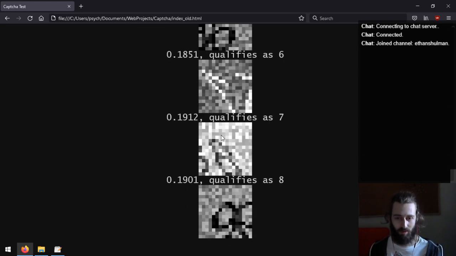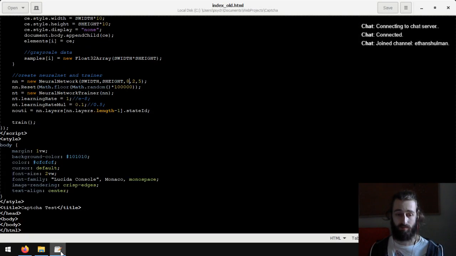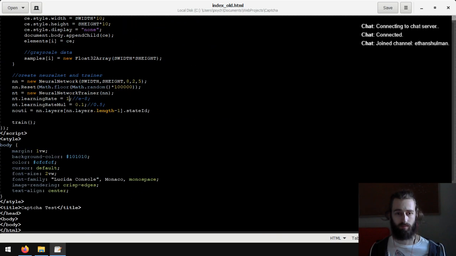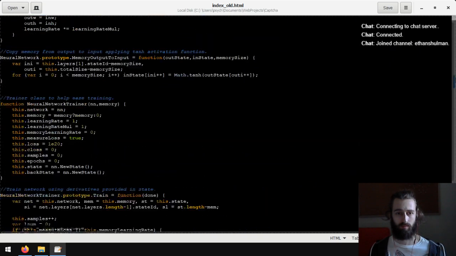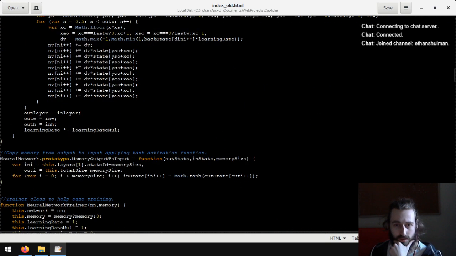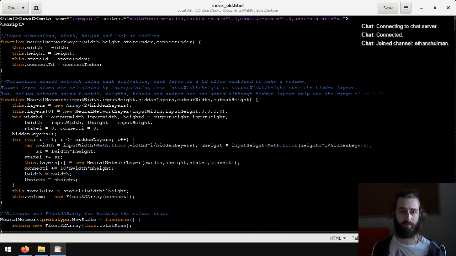So if I remember, I was actually able to get the neural network detecting these. Still learning rate 1. And I can't remember, is this doing tanh neurons or... Ah, no, this is doing clamp -1 to 1.